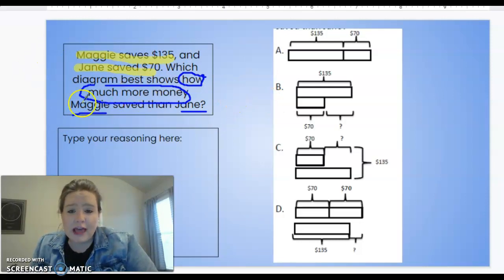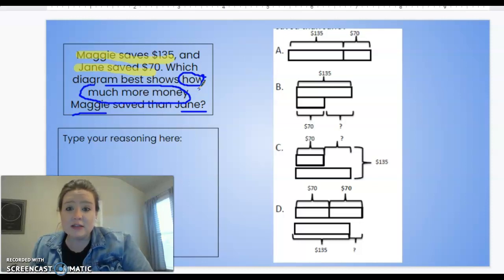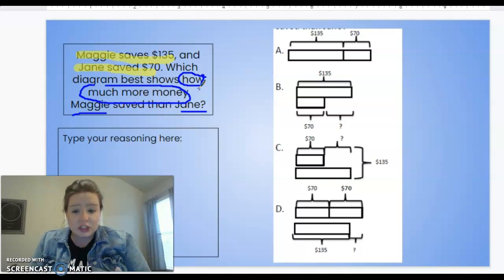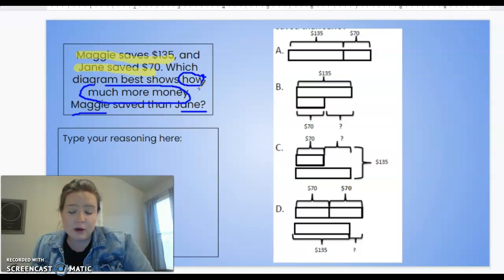So first of all, how much more money did Maggie save than Jane? The other day, we worked on a problem when I was demonstrating the addition and subtraction sort. We worked on a word problem that was really similar to this one. The question at the end of the problem was really similar.